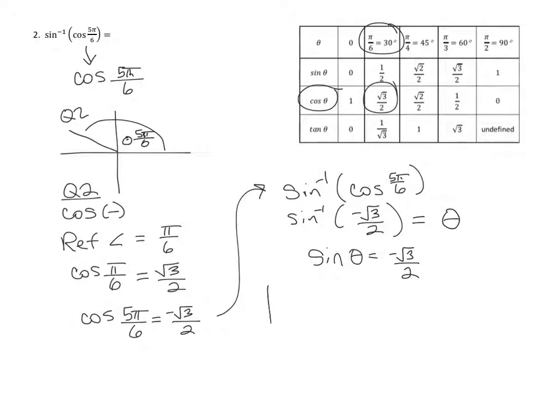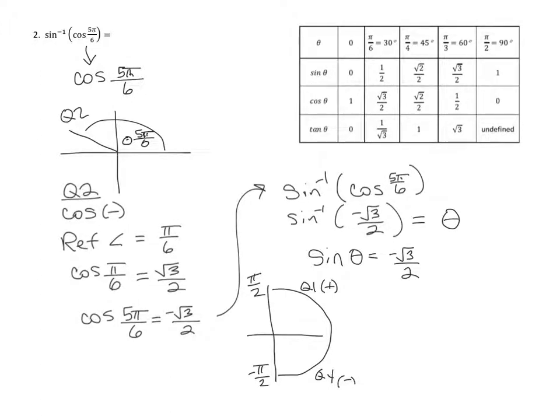For inverse sine, our angles are restricted between pi over 2 and negative pi over 2. We basically have quadrant 1 and quadrant 4. If the sine is positive, it ends up being a quadrant 1 angle. If it's negative, it ends up being a quadrant 4 angle. Notice this, we have the sine of theta equals negative square root of 3 over 2, which is quadrant 4. So let's check our reference angle. Where is sine of theta equal to square root of 3 over 2?